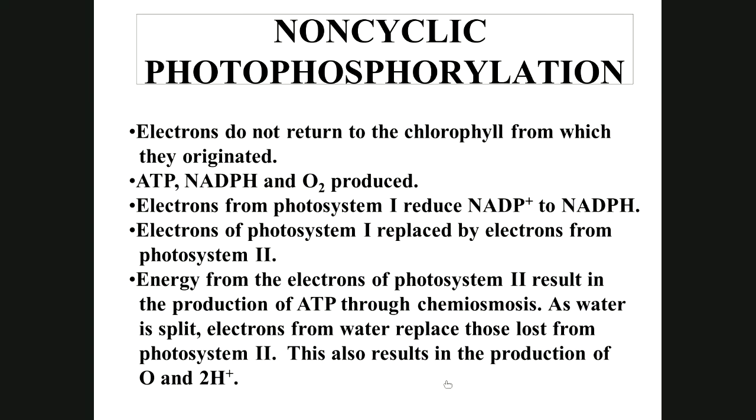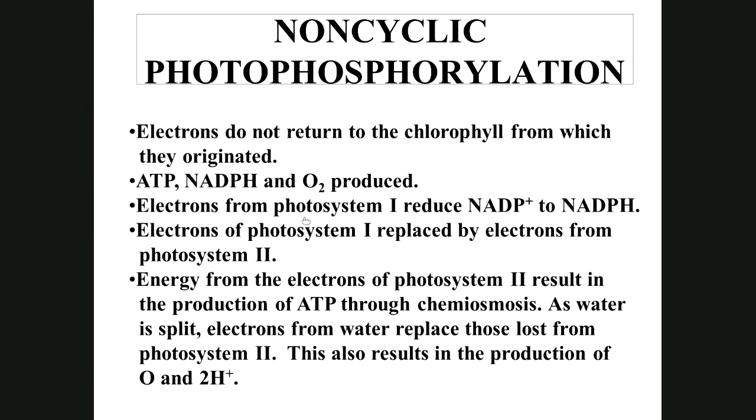Now here's just some information about this non-cyclic photophosphorylation. Like I was telling you earlier, the electrons do not return to the chlorophyll from which they originated. Okay, they don't return. Remember, photosystem 2 lost them. So that is non-cyclic. The products, ATP, NADPH plus H, or H2, and oxygen are produced.